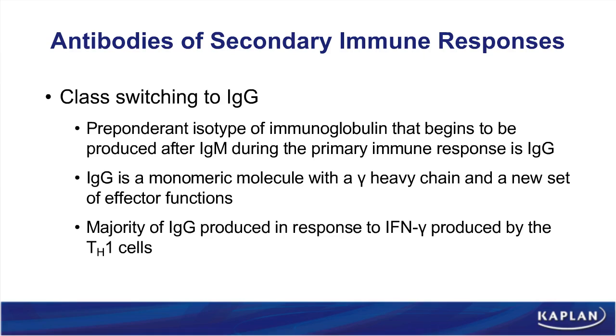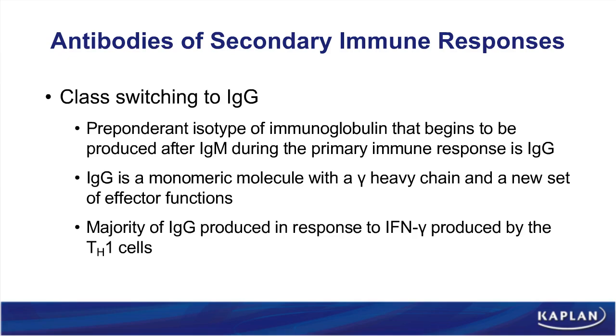But with that said, a majority of the time, the isotype switch is going to be to IgG. Now, IgG, and we're going to look at the structure on the next slide, is always secreted as a monomer. And this is probably the most versatile isotype that one is going to find. It has some overlapping functions with IgM and also has some overlapping functions with IgA.